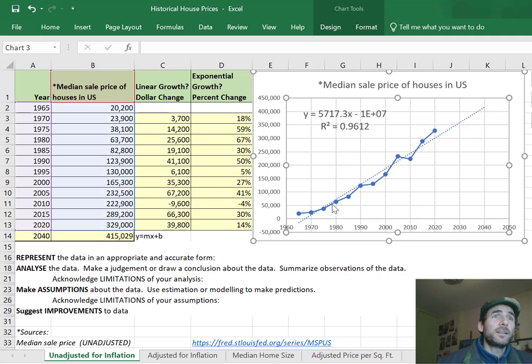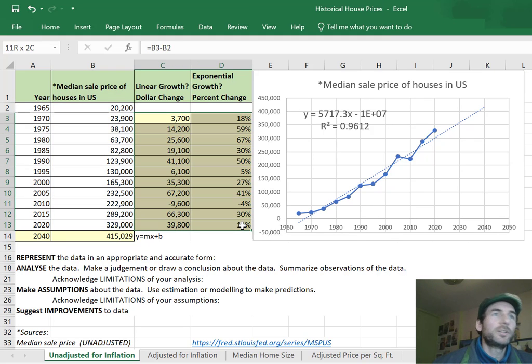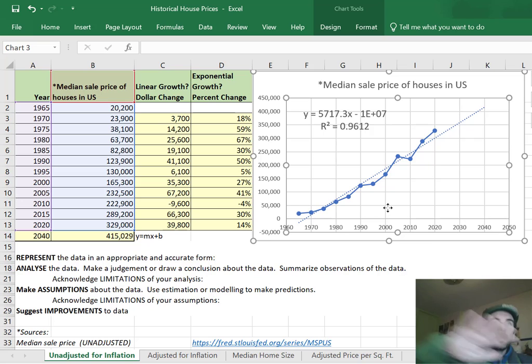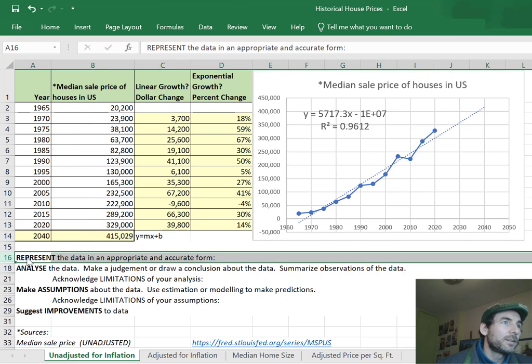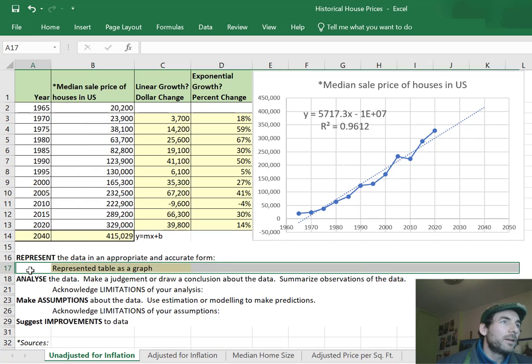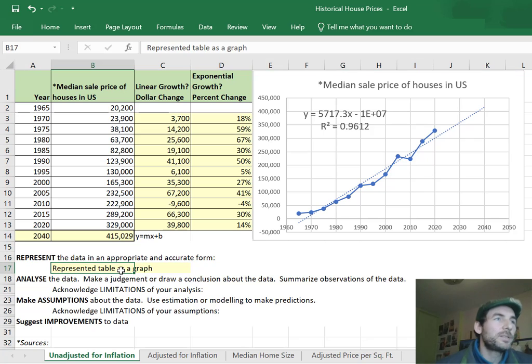And that, I think, showed us, whoa, all of a sudden this mess of numbers is starting to make sense. We see a kind of a trend upward here, right? A nice, almost predictable trend, perhaps, right? And if you right click on that and hit unhide, then row 17 appears, and how did we represent data? We represented the table as a graph.